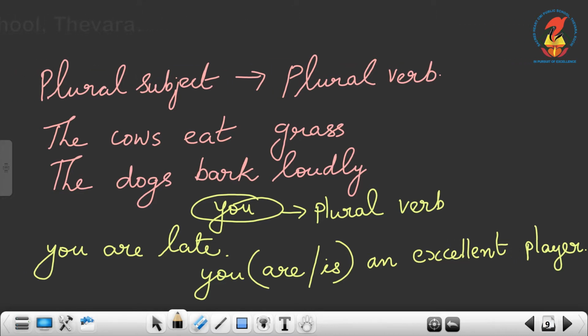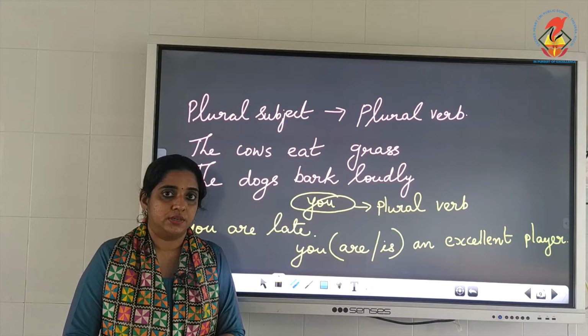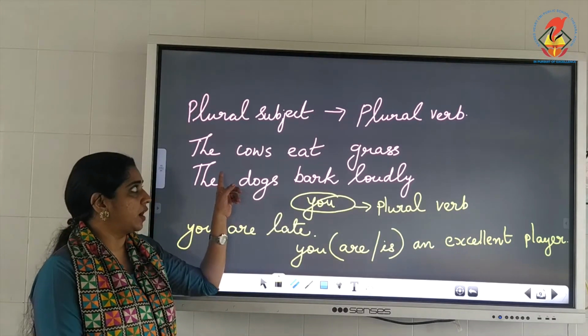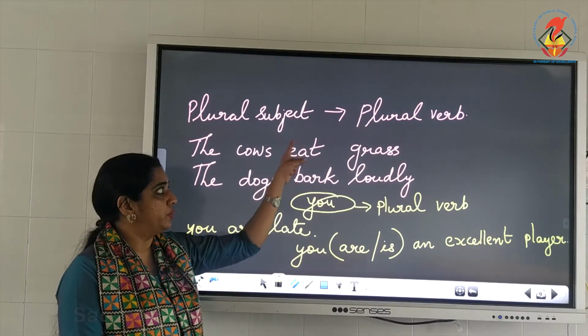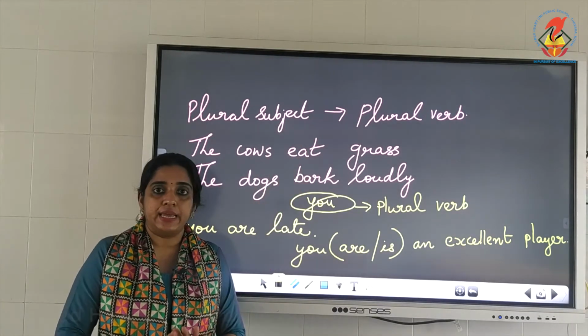Now, if the subject is plural, how can you write? Let's see another example. The cows eat grass. You see here the subject, the cows, is plural. Plural means more than one. So, the cows eat. I am using the plural verb eat. I am not adding any s. Why?